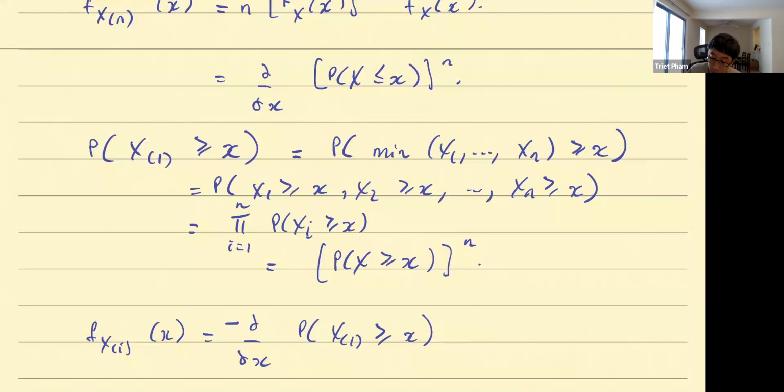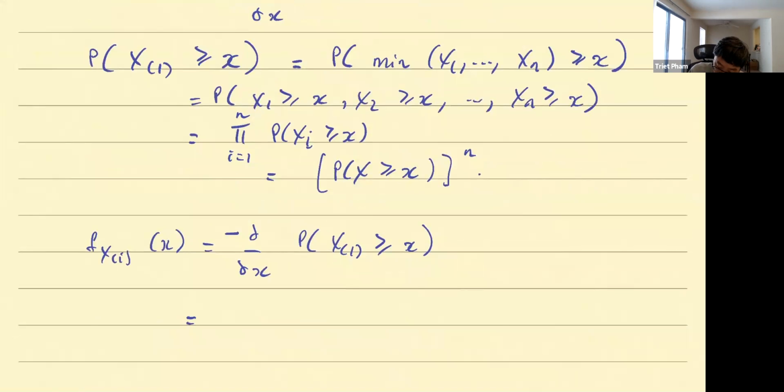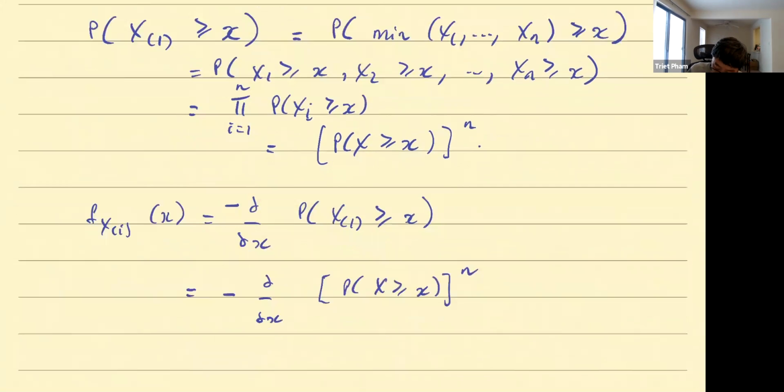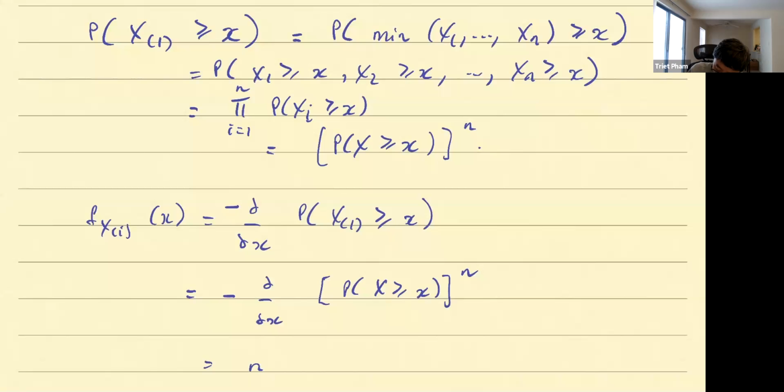Okay? Which is minus differentiating this quantity, which, right, you bring n inside, you got this to the n minus 1, and you differentiate the inside, you pick up another minus, right? Exactly with this rule.